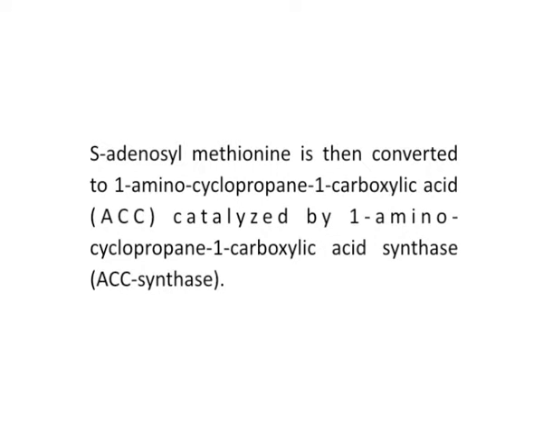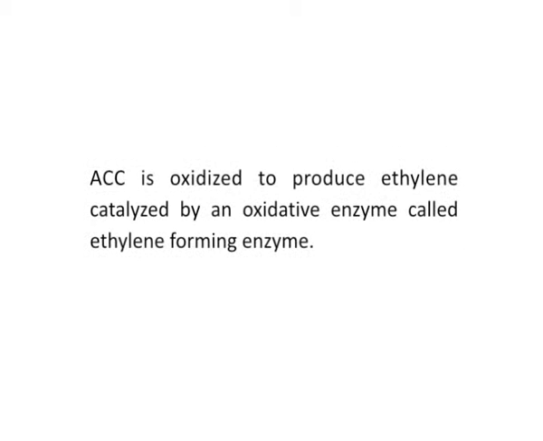S-adenosyl methionine is then converted to 1-amino cyclopropane 1-carboxylic acid or ACC, catalyzed by 1-amino cyclopropane 1-carboxylic acid synthase or ACC synthase in short. And finally, ACC is oxidized to produce ethylene catalyzed by an oxidative enzyme called ethylene forming enzyme.